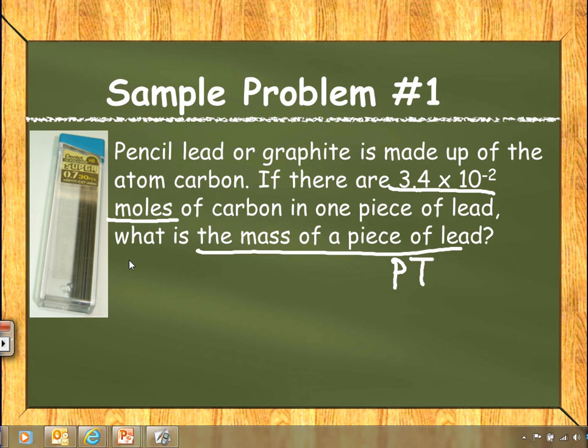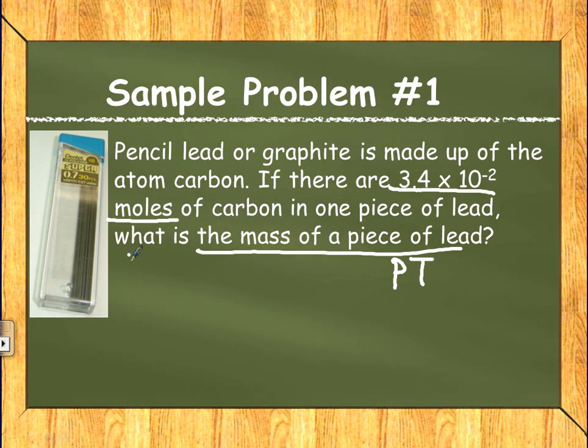On the periodic table, there is the symbol Pb, and underneath it says 207 point what? 2. 207.2 is the mass of lead for every 1 mole.